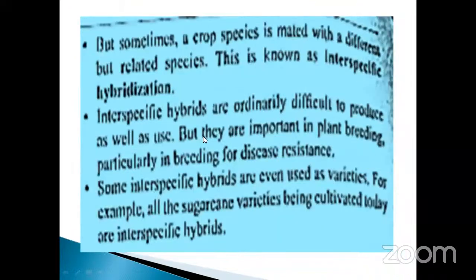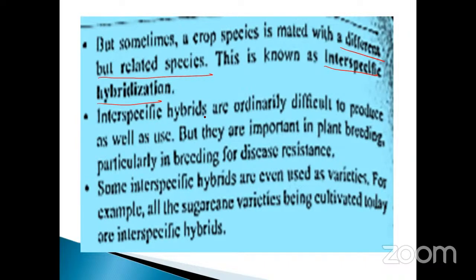So the next. But sometimes a crop species is mated with a different but related species. This is known as interspecific hybridization. What is interspecific hybridization? Just imagine, sometimes a crop species is mated with a different but related species. Different but related species only. Such type of hybridization is called interspecific hybridization.